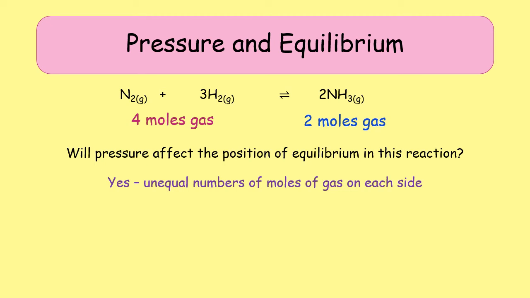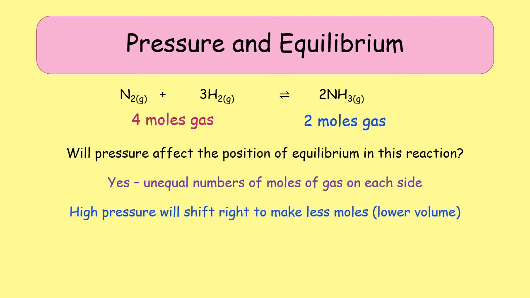So then we need to think about, in what way? Well, if we increase the pressure and use high pressure, the system will want to lower the pressure, and it does this by making less moles of gas. So if we increase the pressure, the equilibrium will shift right to the side with less moles of gas.